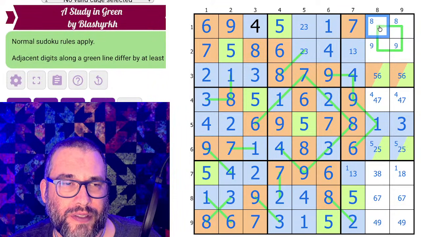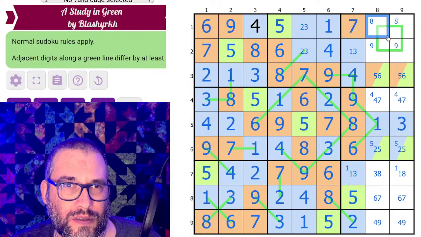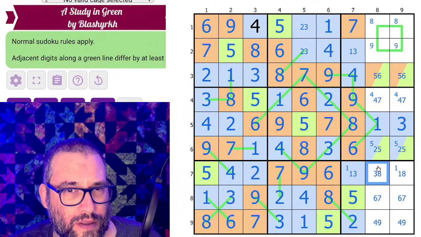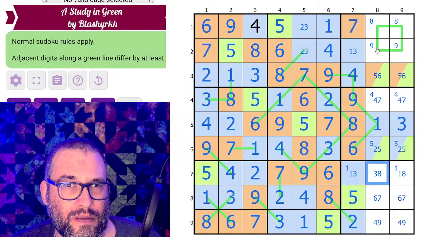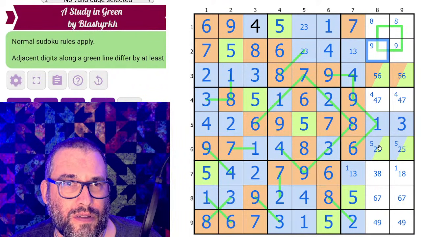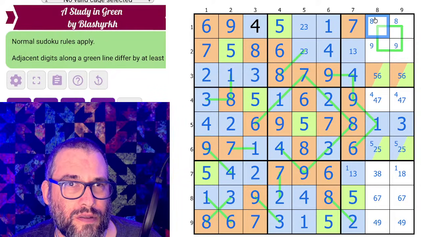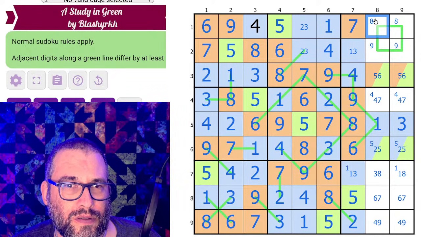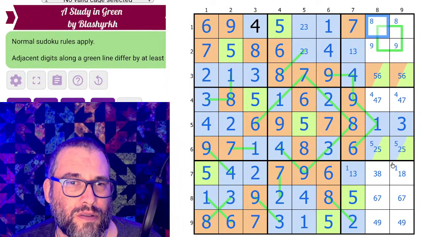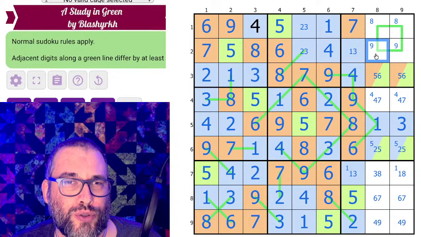See, if this is 8, then that's a 3. That's a 3. That's a 2.